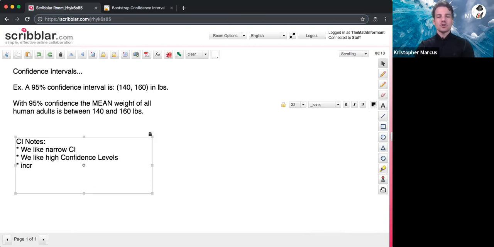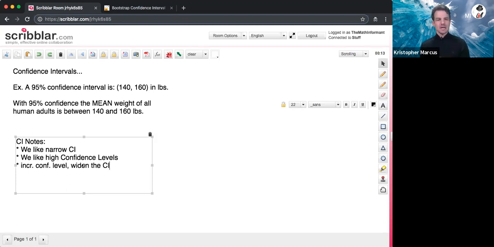As we increase the confidence level, we widen the confidence interval. So somehow it's counterproductive to do a higher level of confidence and still maintain a very narrow window of ranges for the confidence interval.